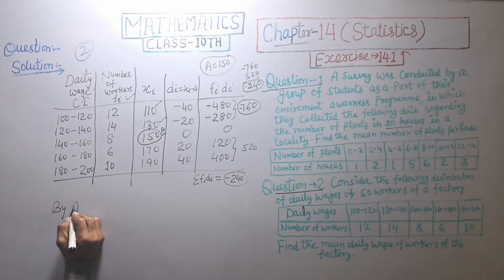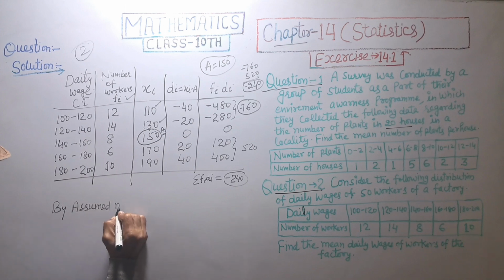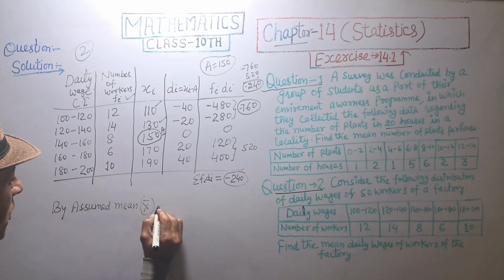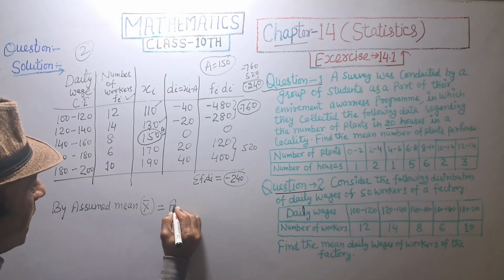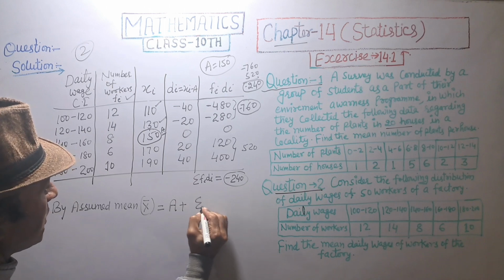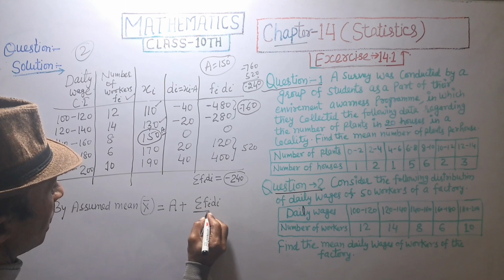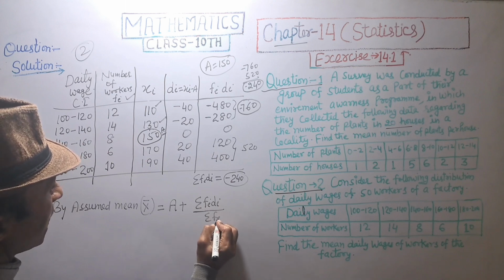By the assumed mean method, assumed mean x dash is equal to A plus summation FiDi upon summation Fi.